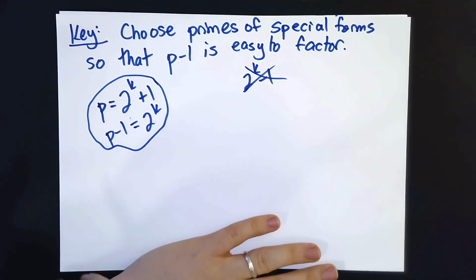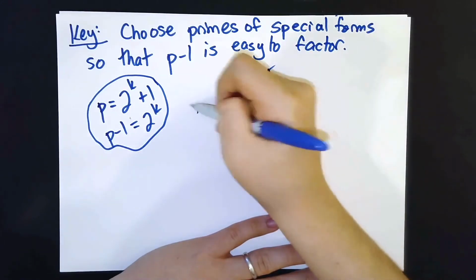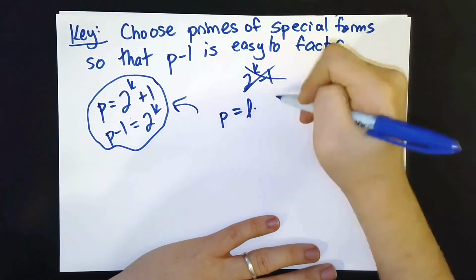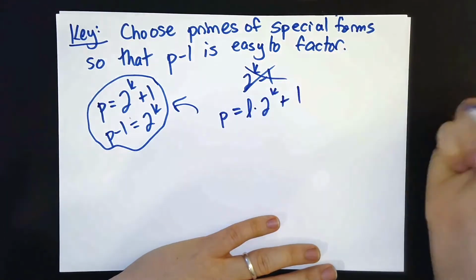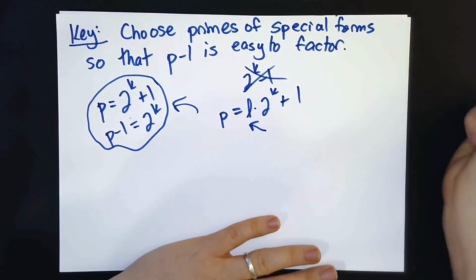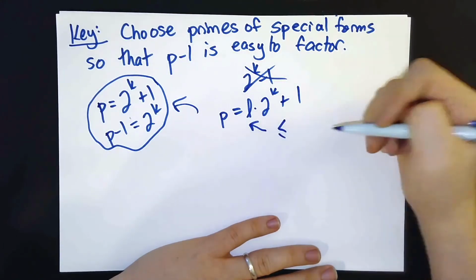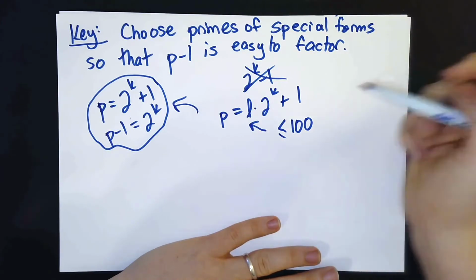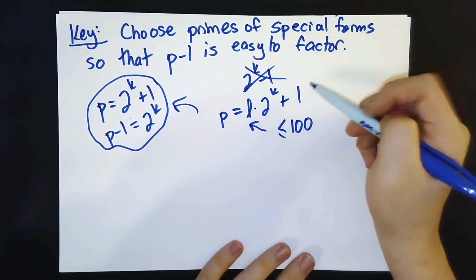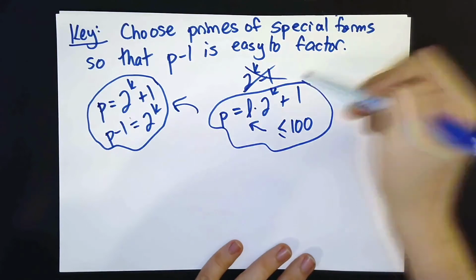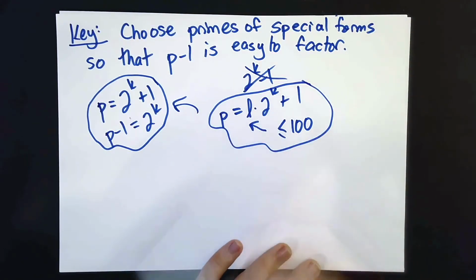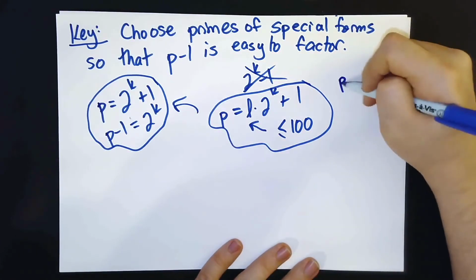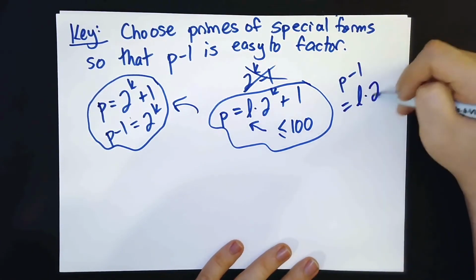But we can modify this recipe just a tiny bit, and instead write p is some constant, say L times 2 to the k plus 1, where this L is, say, less than or equal to 100. And it turns out that in practice, there are lots of primes of this form, and it is just as easy to factor p minus 1 for one of these primes, because here, of course, p minus 1 will work out to be L times 2 to the k.